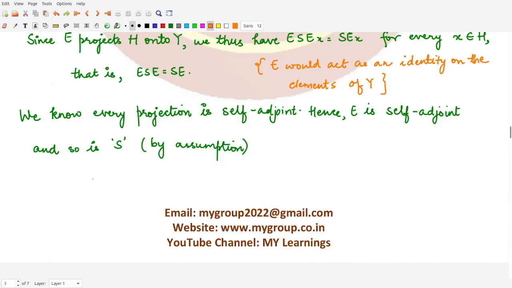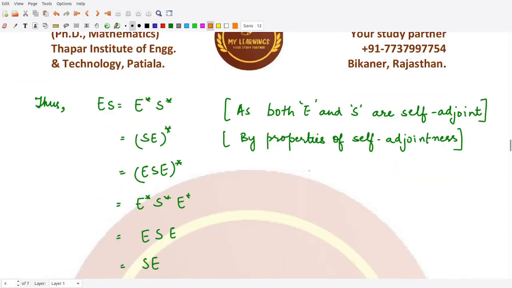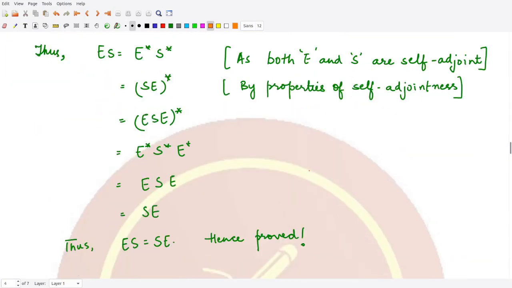If both of them are self-adjoint, then E star is equal to E, and S star is equal to S only, according to the properties of self-adjointness. So we start with E S, and we wanted to prove that this is equal to S E. So you could write E as E star and S as S star. No problem in that, because both of them are self-adjoint in nature.